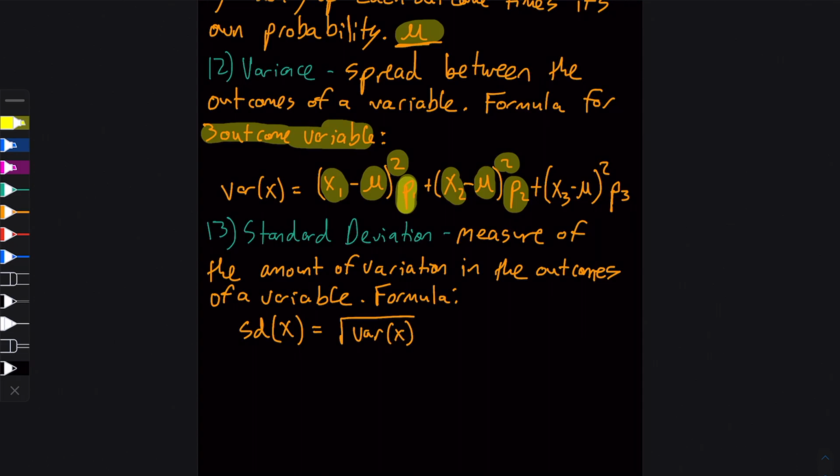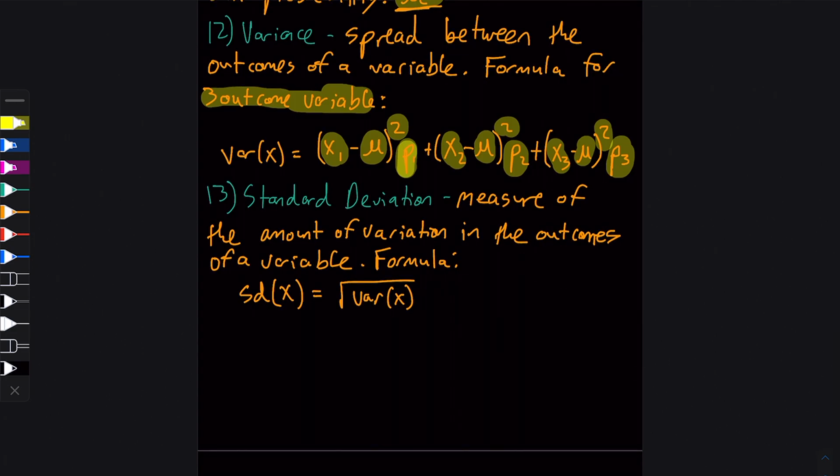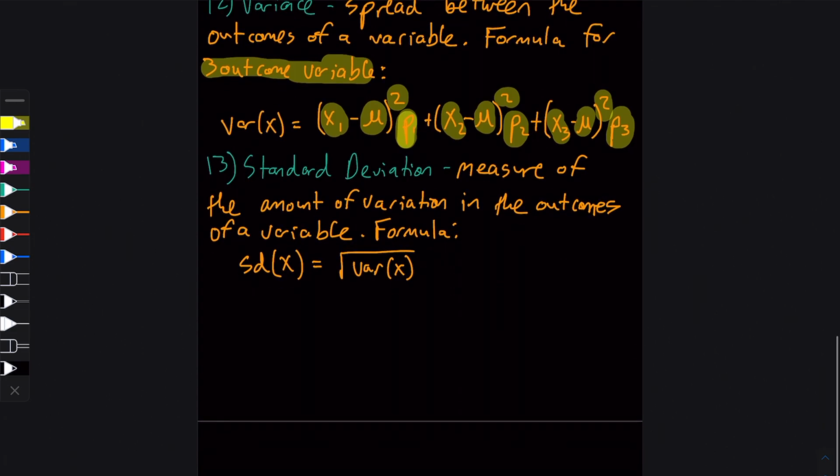Same for the last one: the third outcome minus the mean squared times the probability of the third outcome. The standard deviation is a measure of the amount of variation in the outcomes of a variable. For the formula, we take the variance that we found and then take the square root of it. Square root of the variance, and that's basically all we need to know for this lesson.